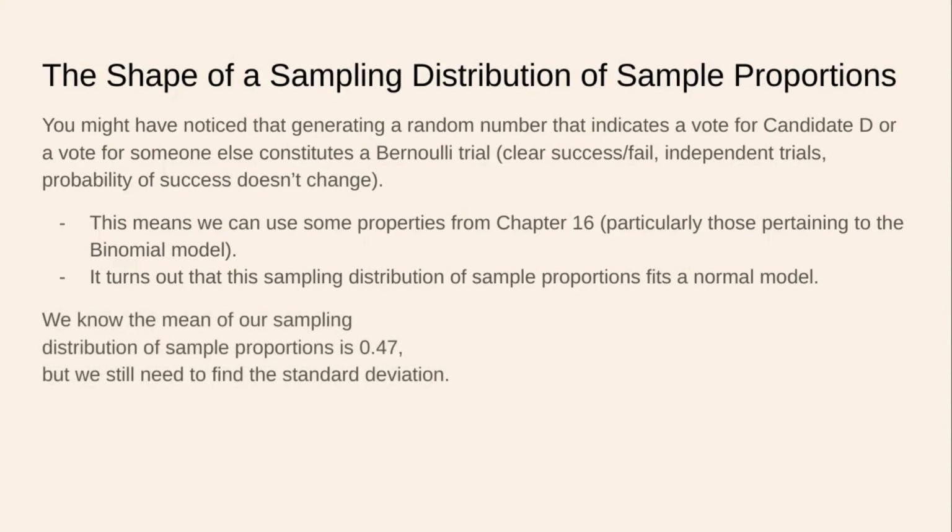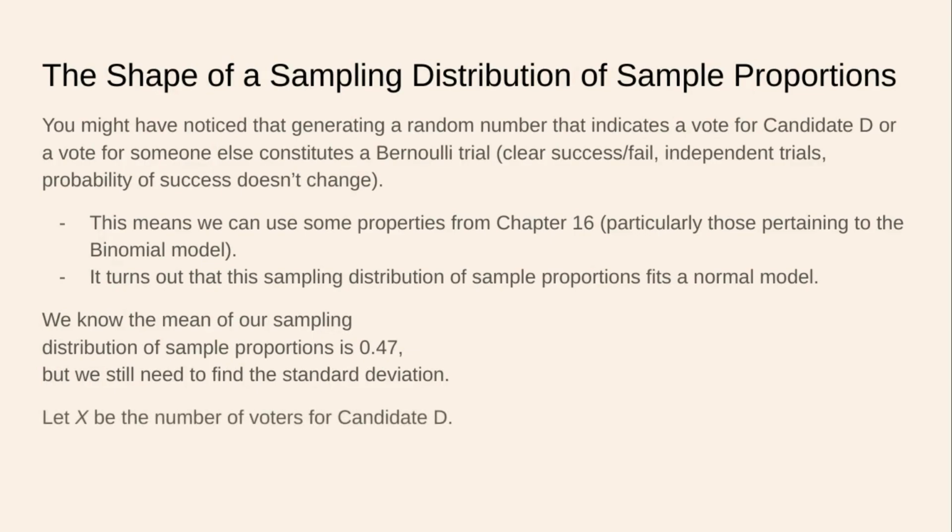We know the mean of our sampling distribution of sample proportions, that graph on the prior slide, is 47%. Like all normal distribution curves, all normal models, the mean is right smack dab in the middle, and that's where we find our 47%. But we still need to find the standard deviation for our normal model. How do we do that?